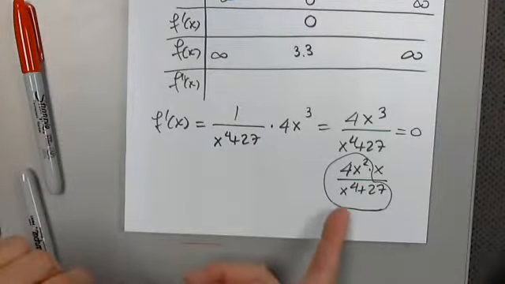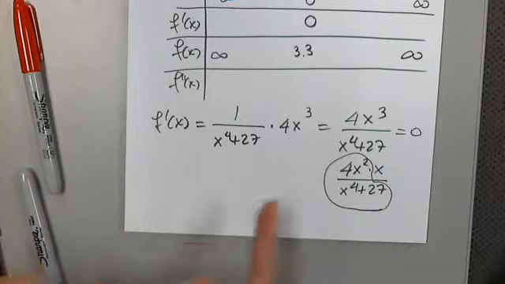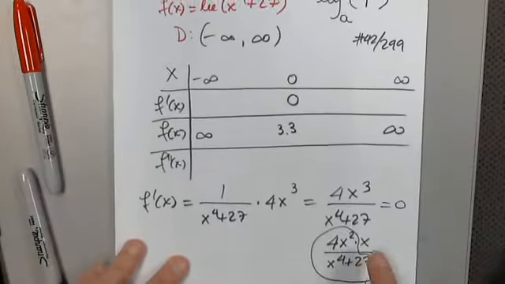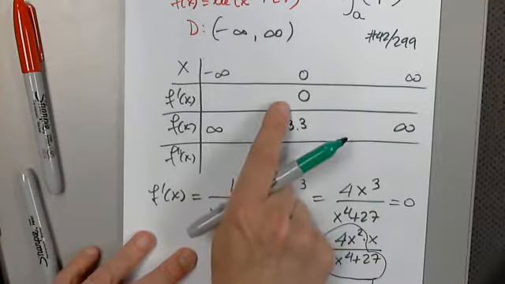What sign does this quantity have? Always positive. Always separated, because you need to find the sign of the derivative. So why would you bother to square, multiply, divide, and so on if this piece is always positive? So to the left-hand side of 0, what is the sign?